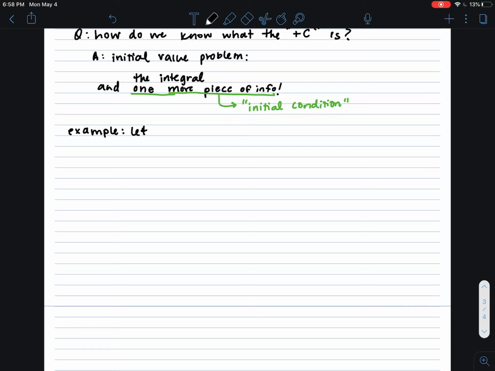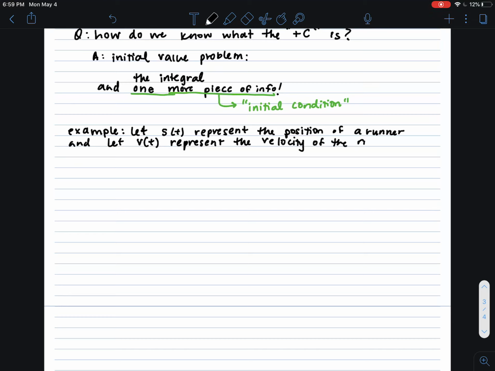So we're going to let S of t represent the position of a runner and we're going to let V of t represent the velocity of the runner at time t, so that means instantaneous velocity, because if we're looking for the velocity at a single point in time, then it's instantaneous.